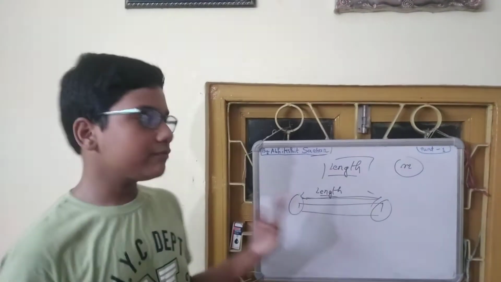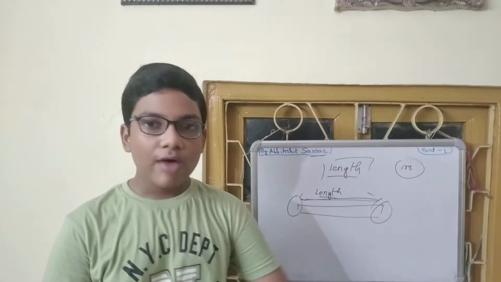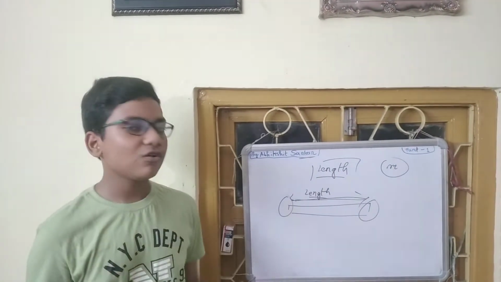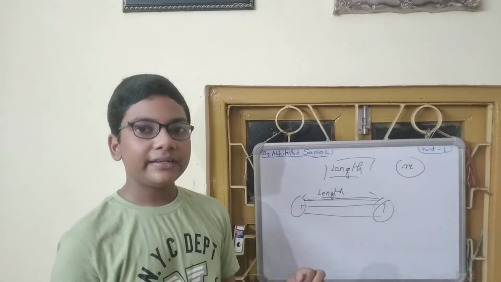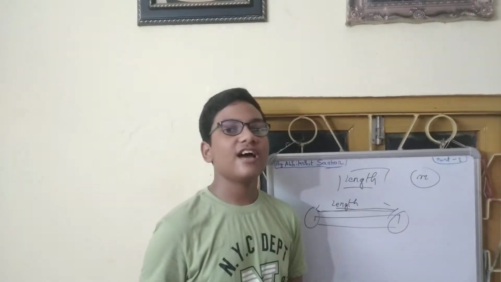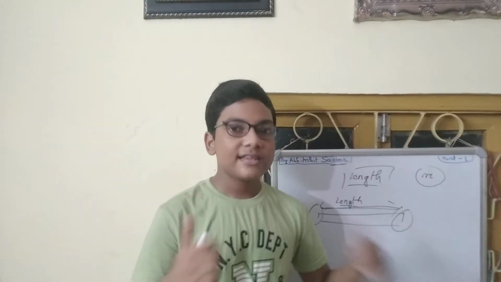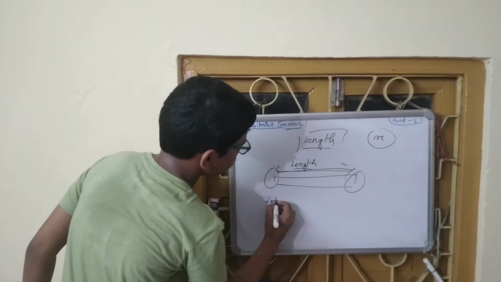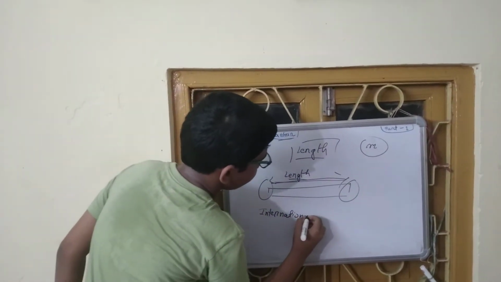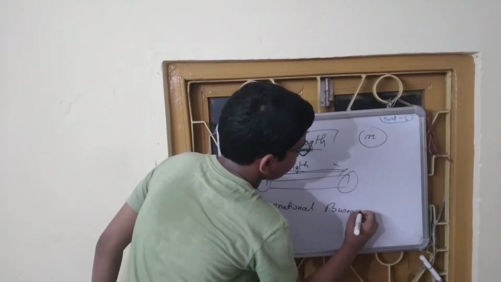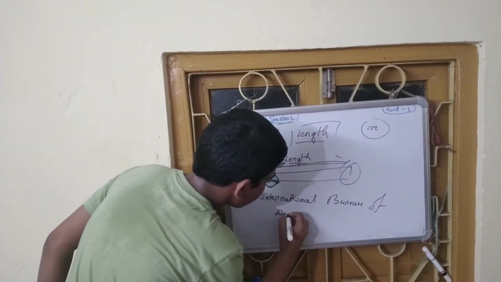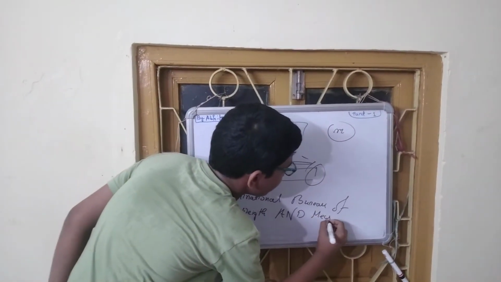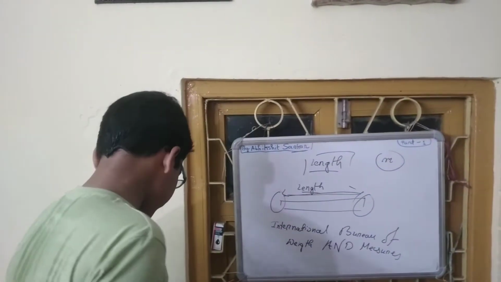Now this meter also has a definition: 1 meter is defined as the distance between the end points of a rod made of platinum alloy kept at 0 degrees Celsius in the International Bureau of Weights and Measures. International Bureau of Weights and Measures.